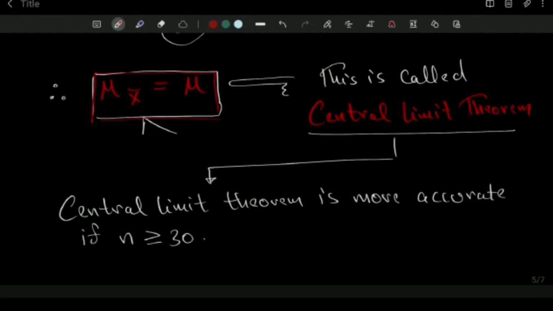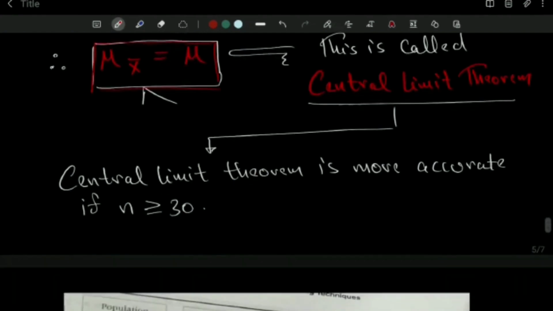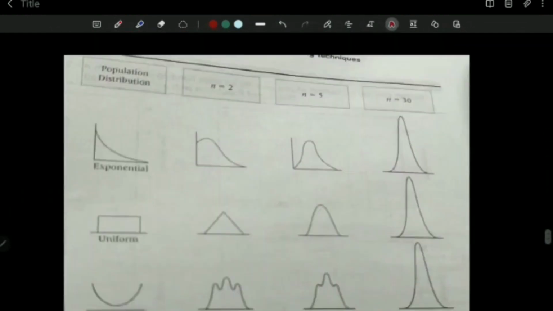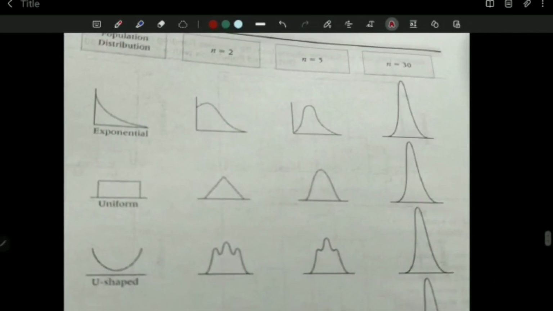But what do we mean by this sufficiently large sample? It actually means that the sample size should be greater than or equal to 30. Why is that? Look at this picture closely.